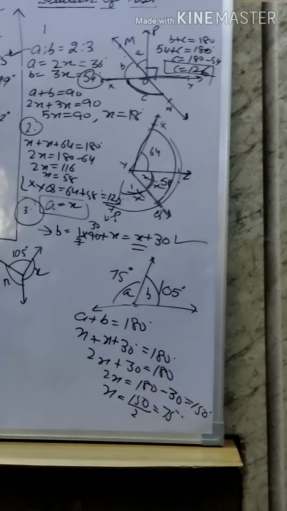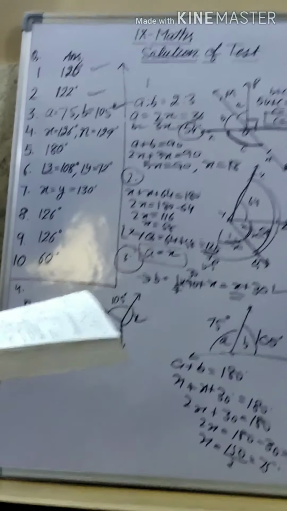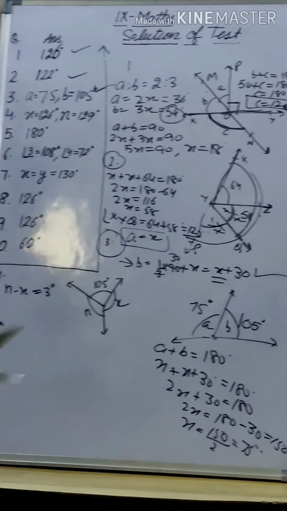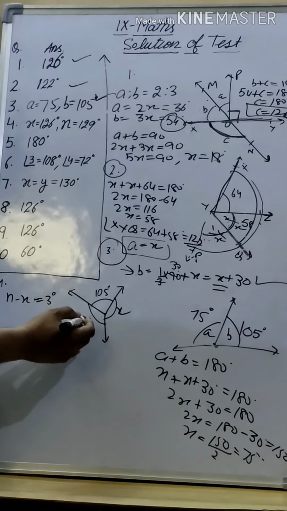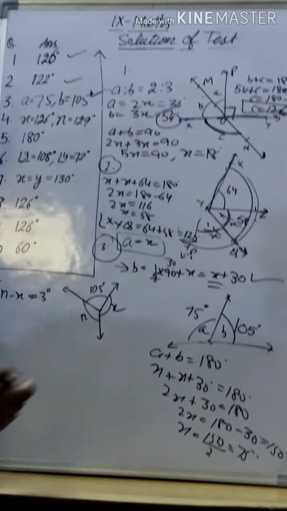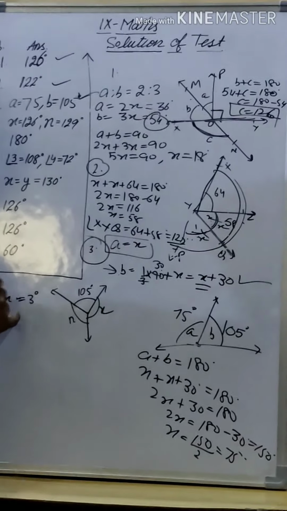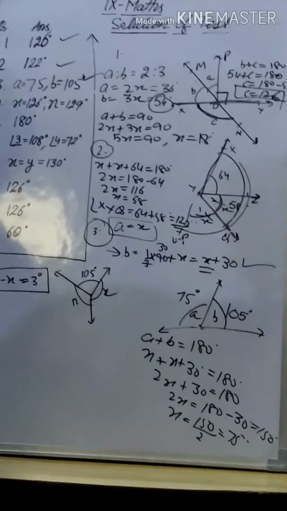So now the fourth question. What is the fourth question, you see, my students? In this figure, this value and this value x is 105 degrees, and one relation is given: n minus x is equal to 3 degrees.